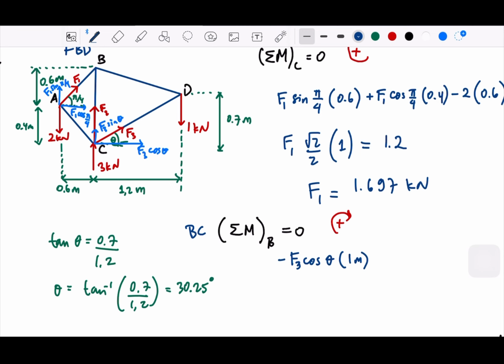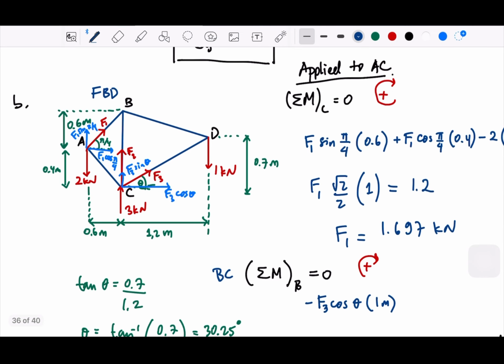And then what else? 0.6 and the AY. So we took only this part here.